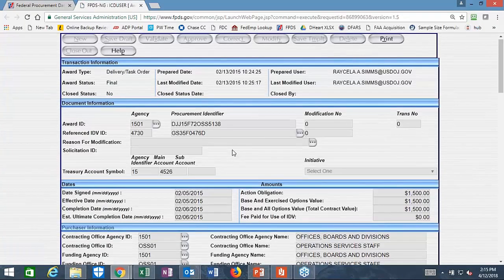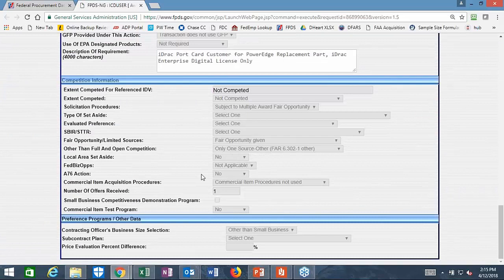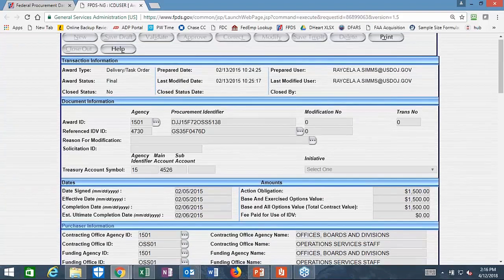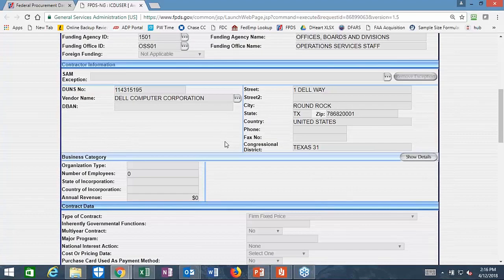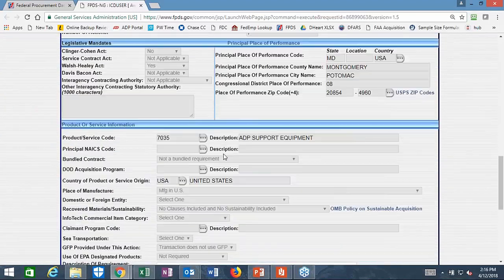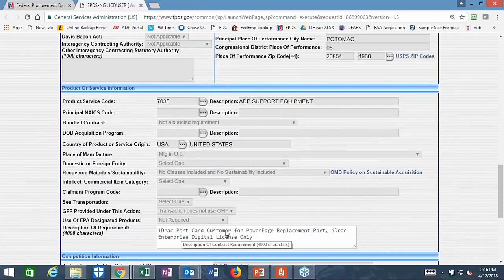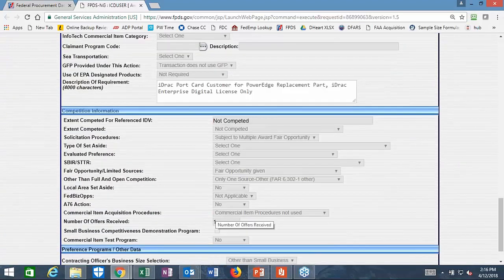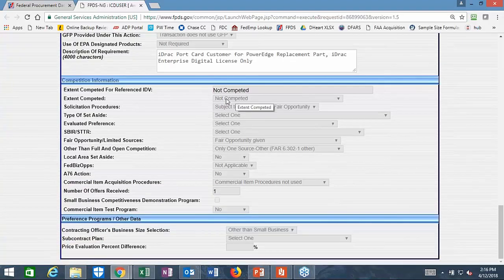All right, let's see here. Okay, look at this. If you look at this award here, that's a while ago actually. Dell Computer Corporation, ADP, so they bought some sort of computer hardware. Now the IDV was not competed.